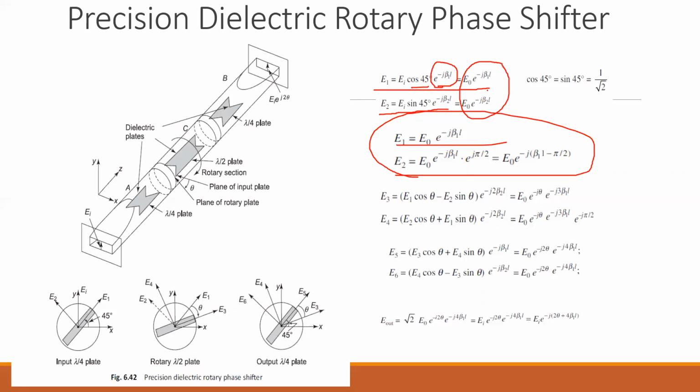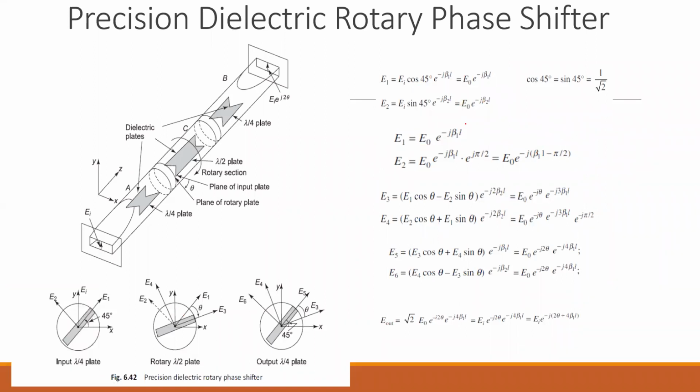Here we can see it is beta 2 into L. When we compare these two, I can observe that there is a phase difference of pi by 2 with respect to both. So if it is beta 2, this one is replaced with that parameter over here. Both are represented in terms of beta 1.